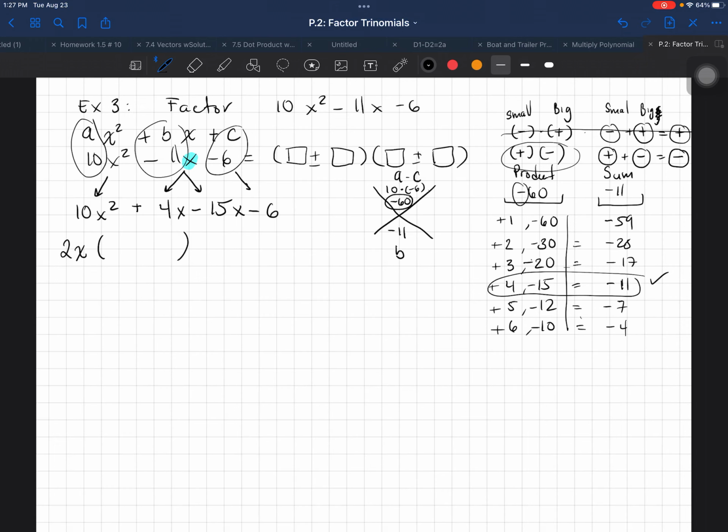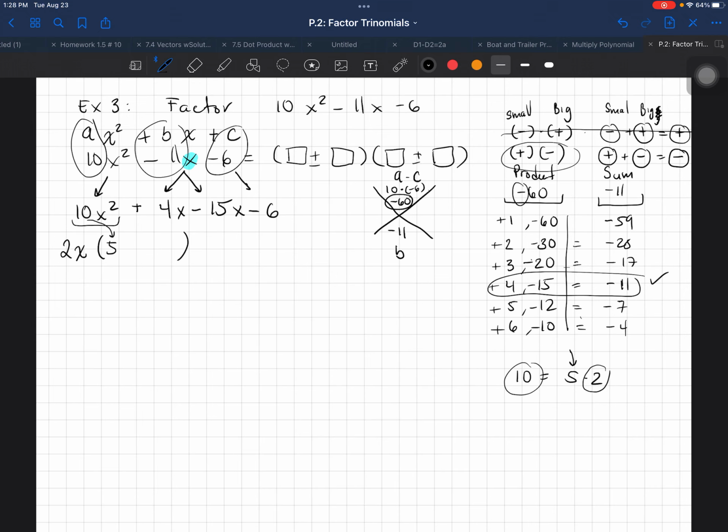So if you factor out a 2x from a 10x squared, well, let's just go one at a time. If you factor a 2 from the 10, think about it, 10 is the same thing as 5 times 2. So 10 has a factor of 2. If you factor out the 2 from the 10, what's left behind?